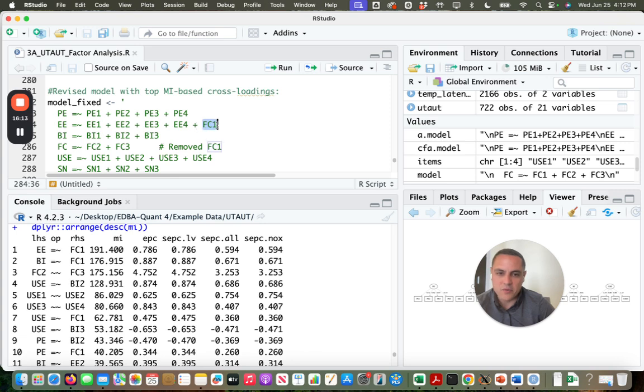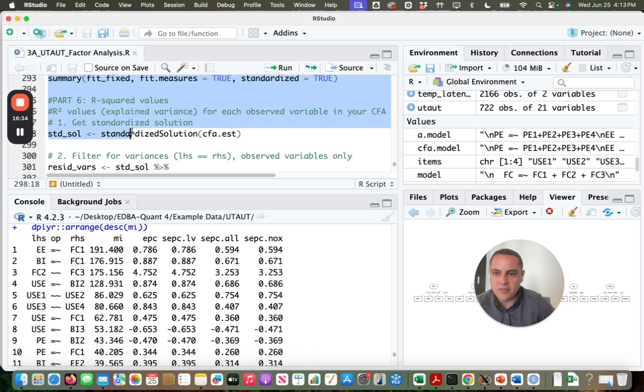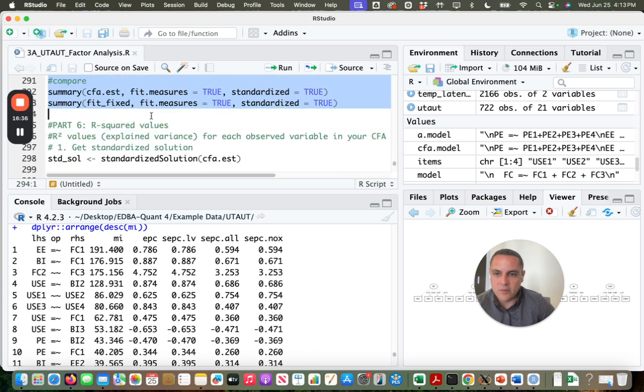That's the top modification that's suggested. So suppose we did that, removed FC1 from the FC construct, moved it over to EE, and revised the model.